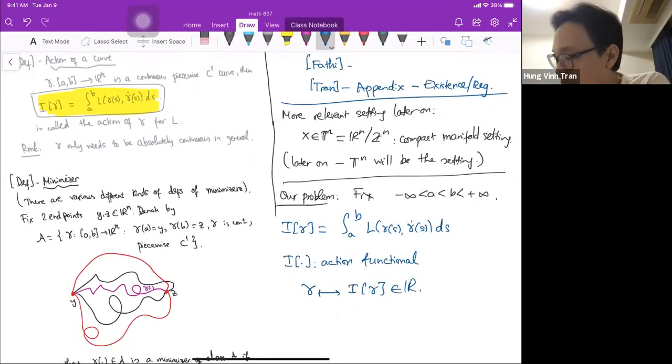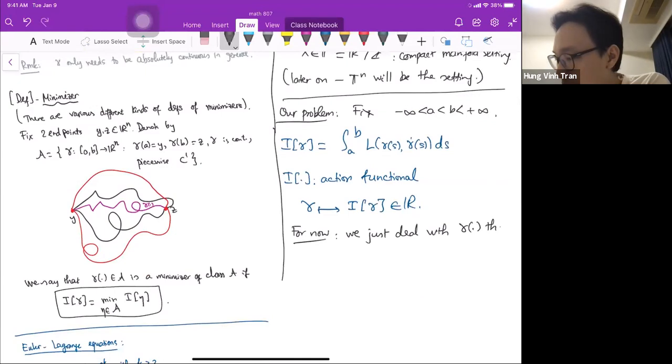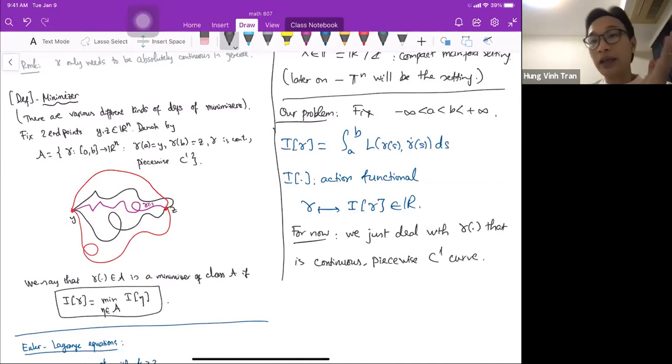So for now, we just deal with gamma that is piecewise continuous and piecewise C1 curves. Okay, so as I said, we're going to start from the very beginning until a more general setting.